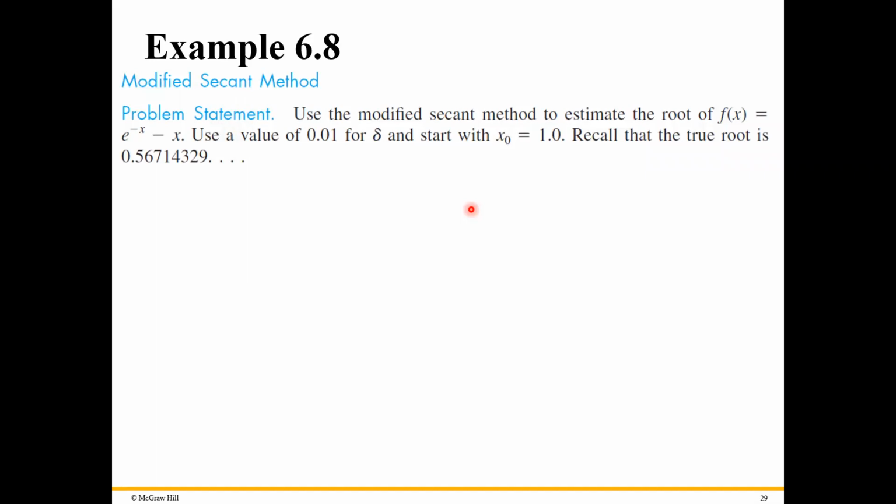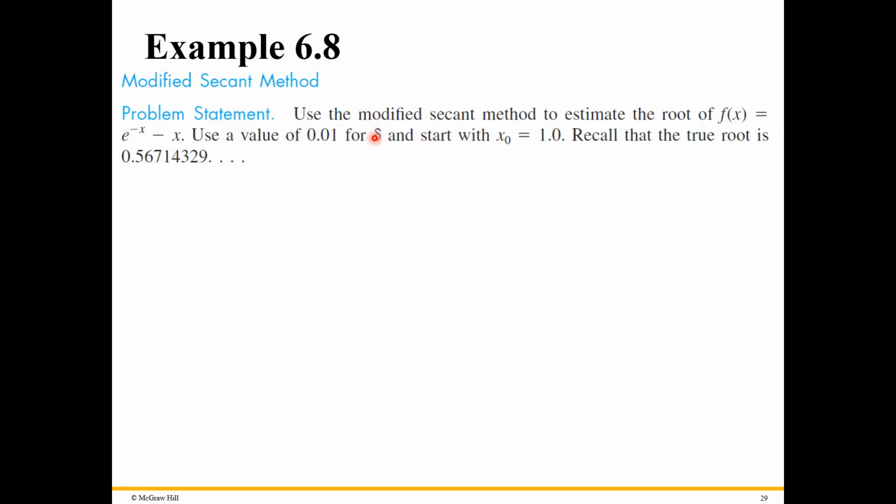The modification is done in terms of the choice of xi minus 1 and xi values. Instead of arbitrarily choosing the xi minus 1 and xi values, we can choose the xi minus 1 value as a percentage of the xi value. That percentage of the xi value is called delta.